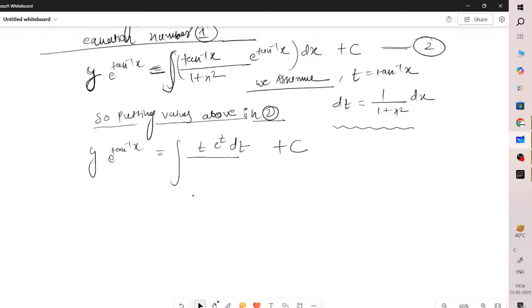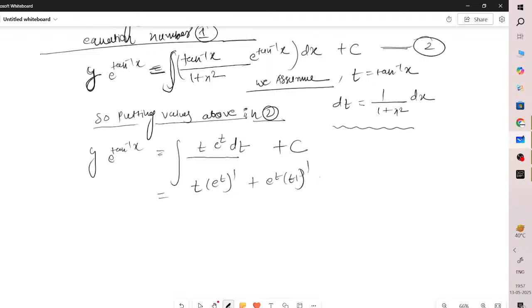Now we integrate both sides, which is t times e to the t, differentiation of that, plus e to the t, and this is t differentiation, plus c.